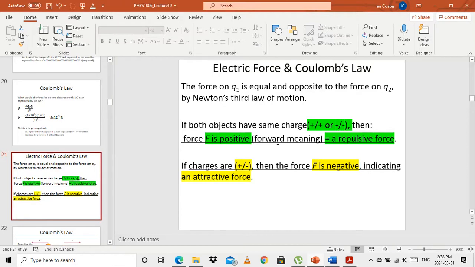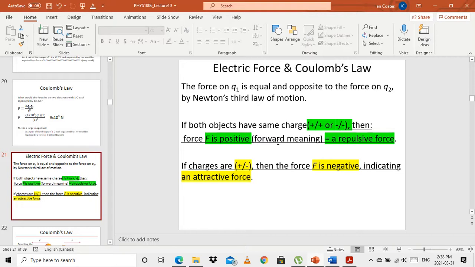Electric force in Coulomb's law: the force on Q1 is equal and opposite to the force on Q2. We've seen this before. If both objects have the same charge, plus plus or minus minus, then the force is positive. Please remember this.